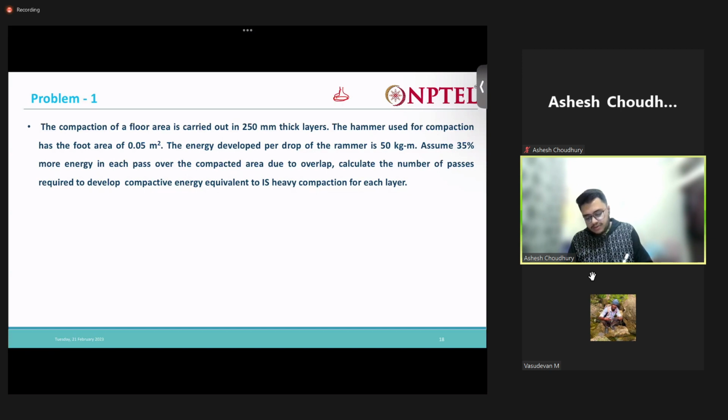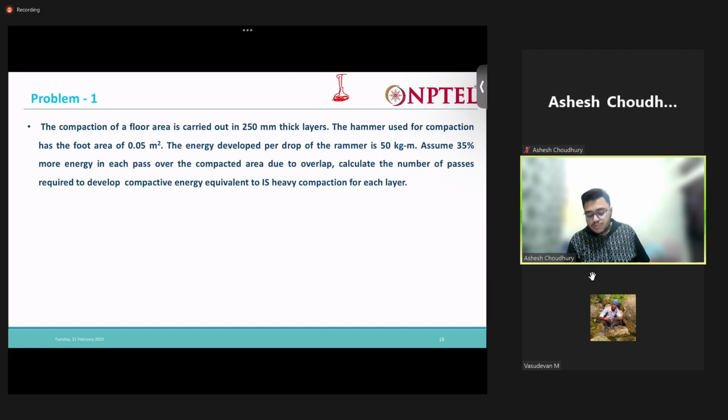The energy developed per drop of the rammer is 50 kg meter. For each drop of the rammer, that is the energy given to you.